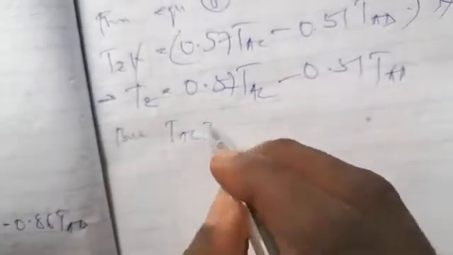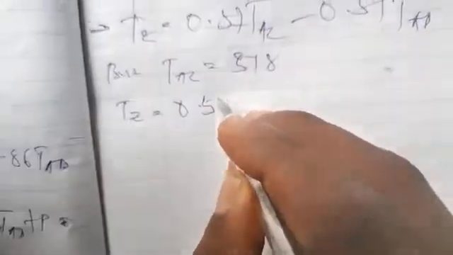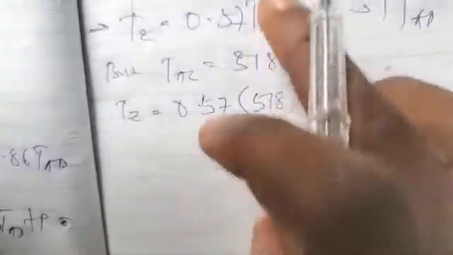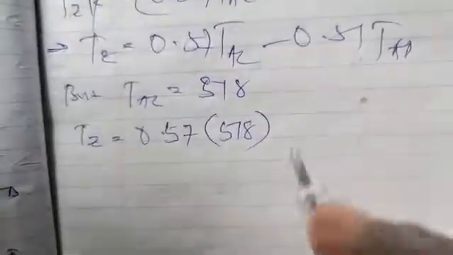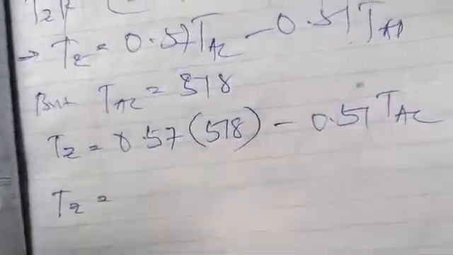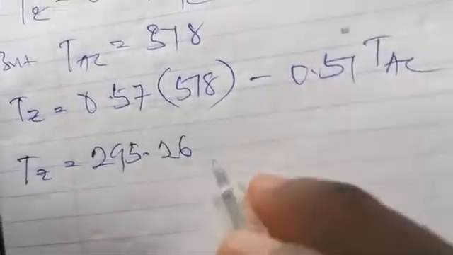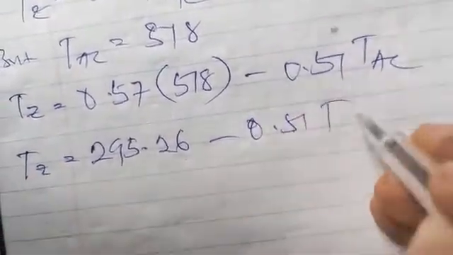But TAC has a value, it's 518. So Tz is equal to 0.57 into 518, in place of TAC, minus 0.51 TAD. Expanding this, 0.57 by 518 gives 295.26 minus 0.51 TAD.